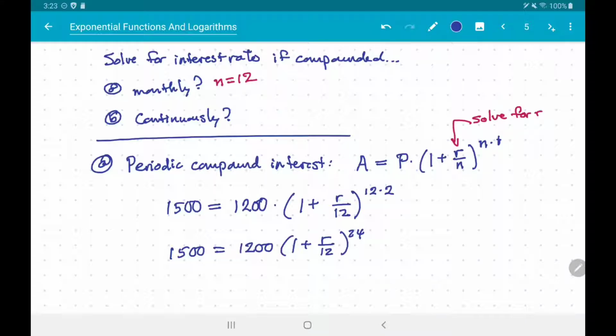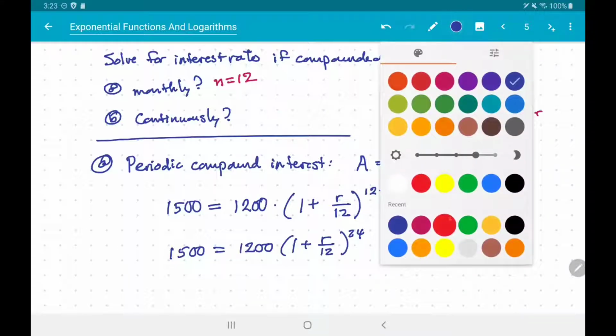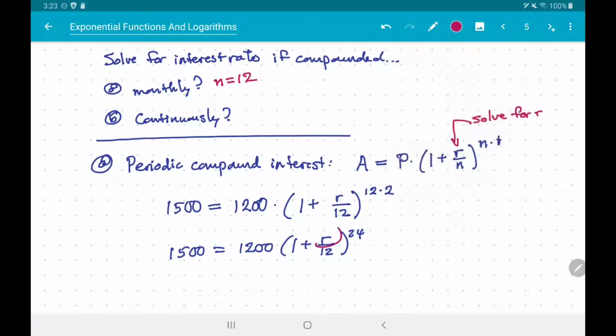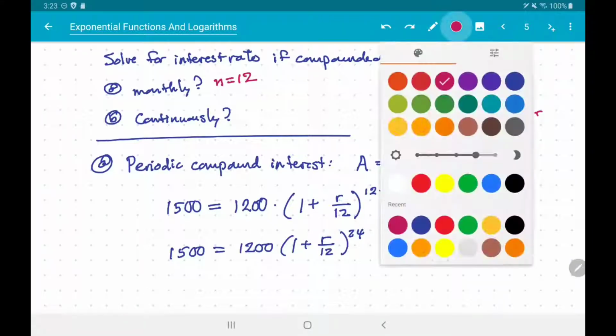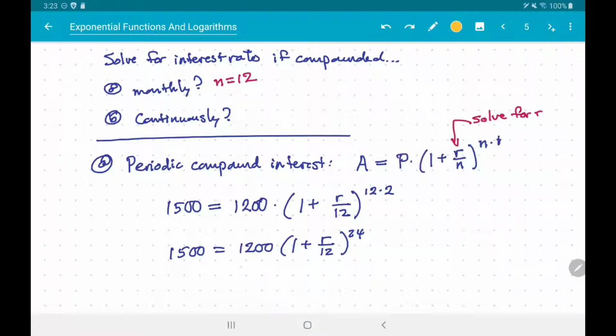Okay, a couple of things to notice about this. One is that there's only one place where there's an unknown. So we should be able to solve this by peeling the onion. We'll peel off one operation at a time. Well, what is the outermost operation? The first thing we need to undo? Yeah, it's this multiplication.